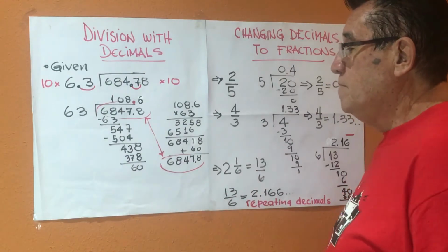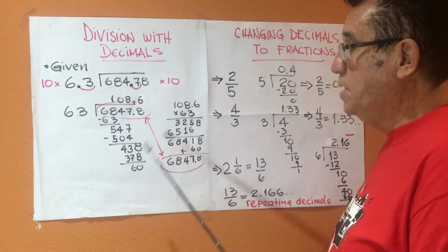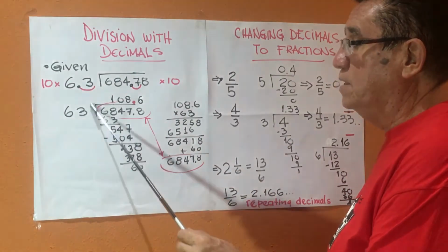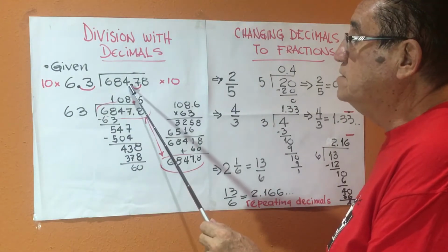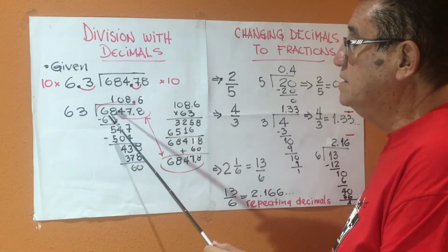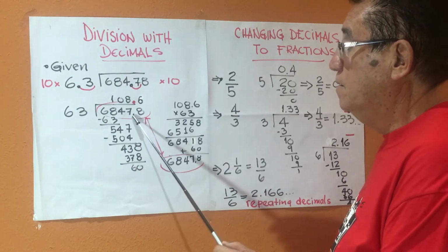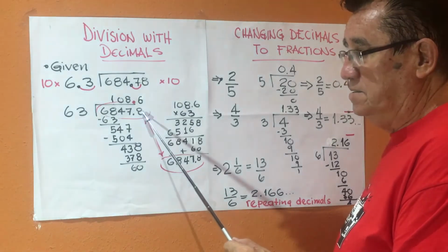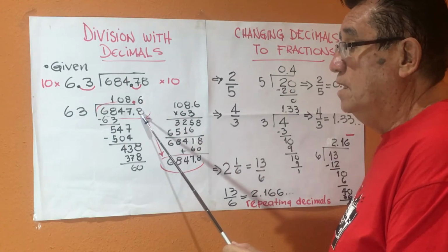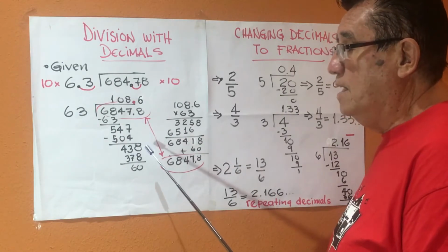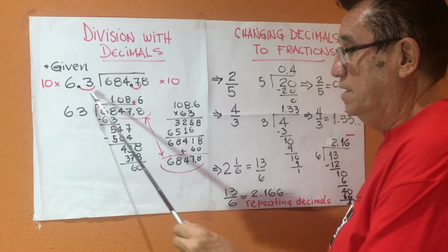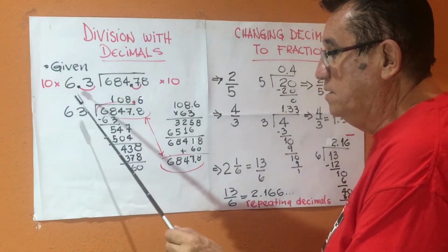Once we did it, we changed the number to 63, which is a whole number, and 684 becomes 6,847.8. So our number has changed both in the divisor and also the dividend.